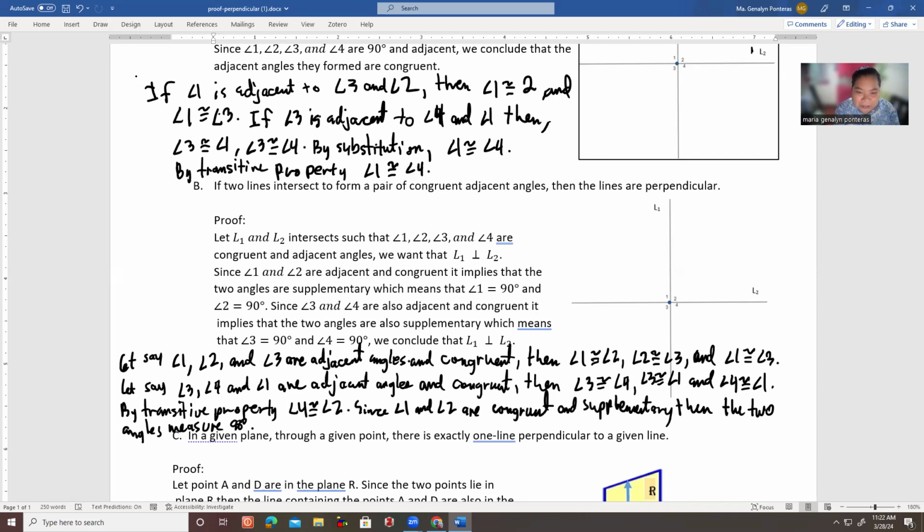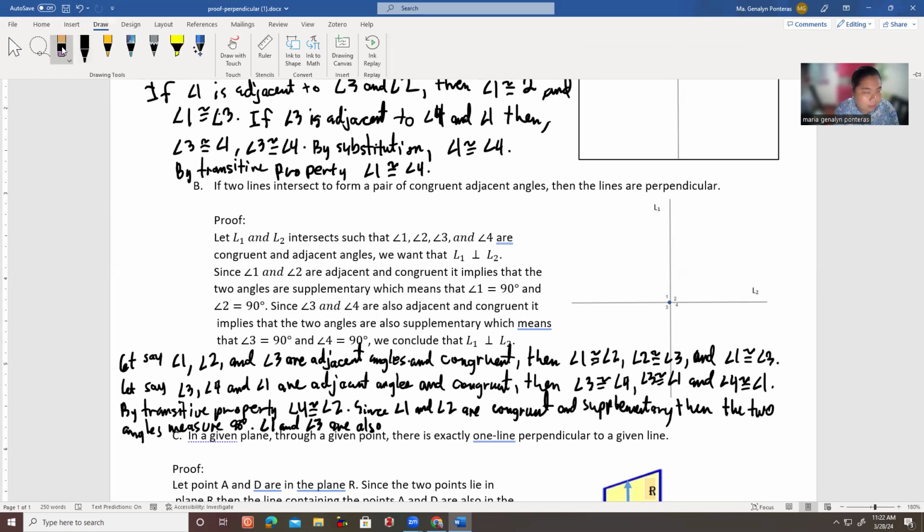Not yet, it's too early to conclude. Angle 1 and angle 3 are also supplementary. Maybe we can conclude in one statement.